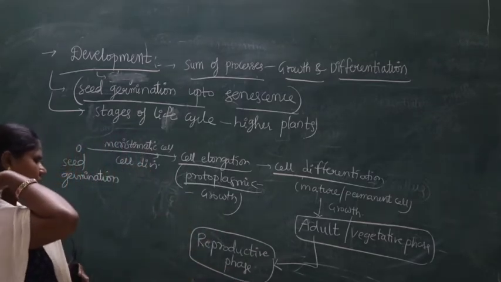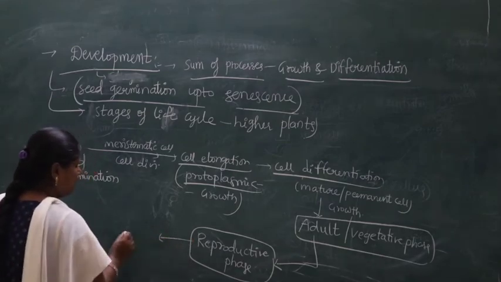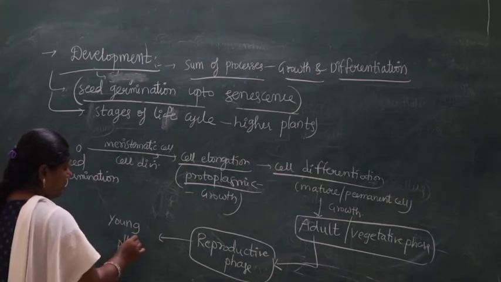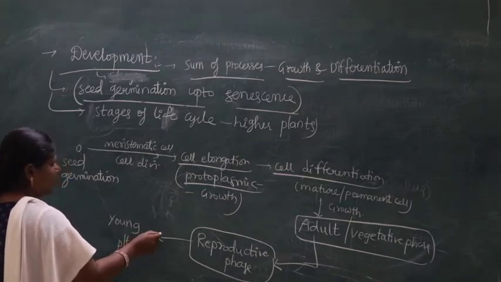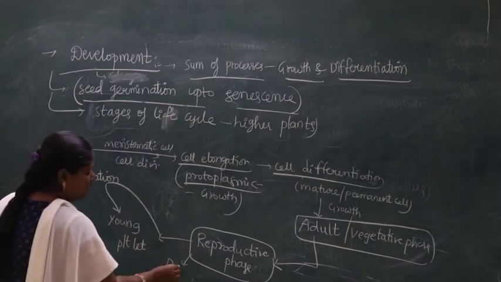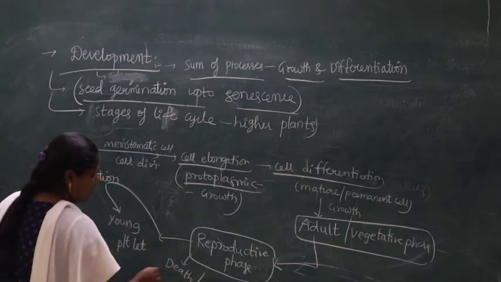As a result, you can see again formation of a young plantlet, right, that happens by seed germination, and this will undergo what is called death or senescence.